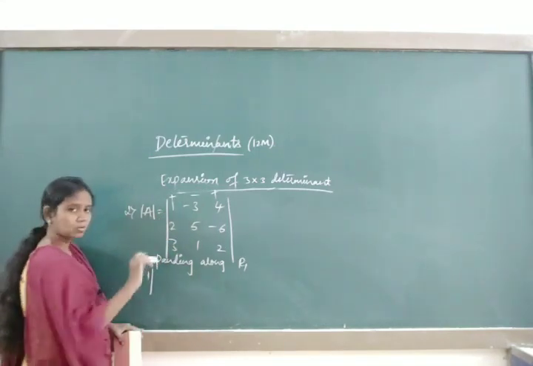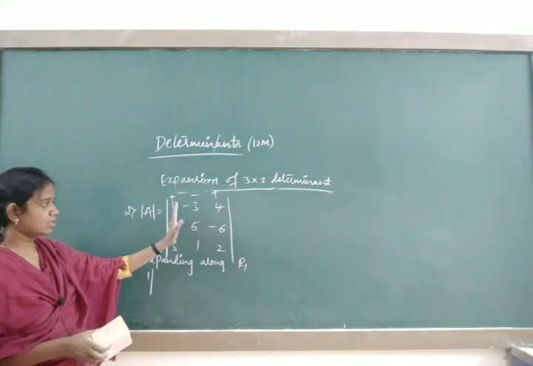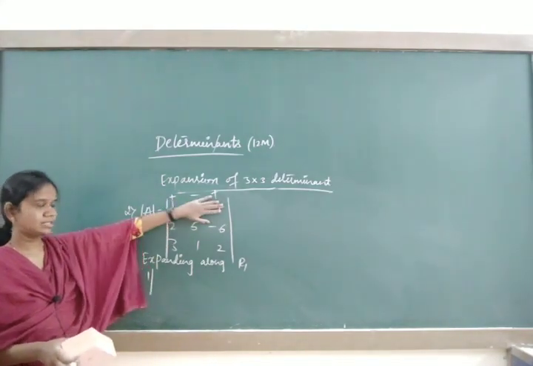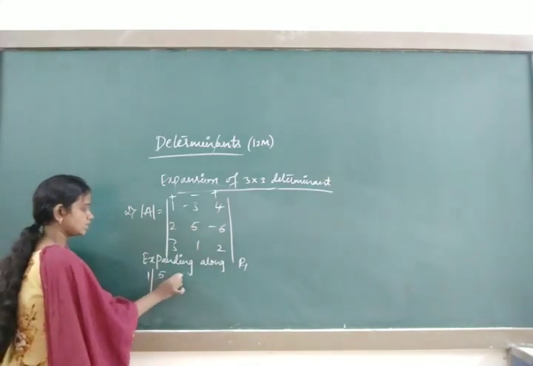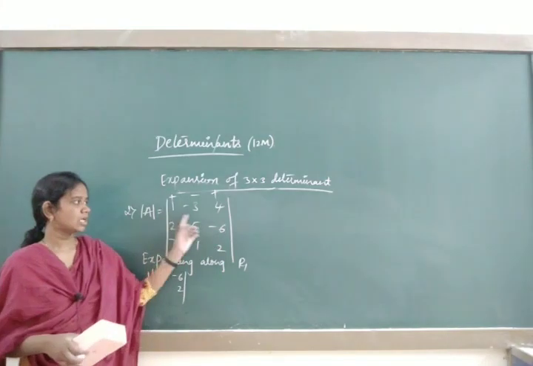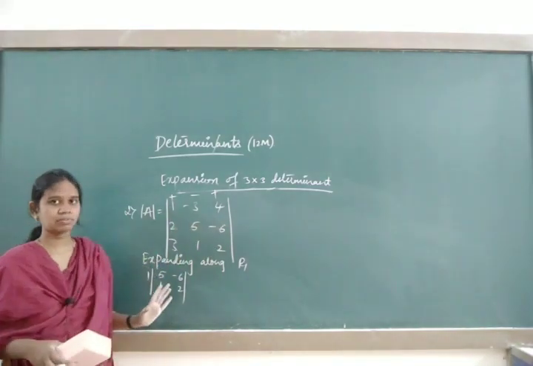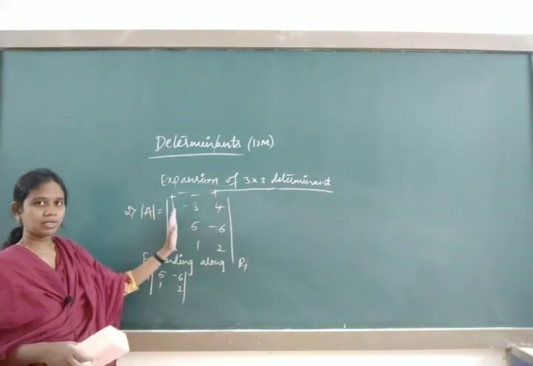Wherever 1 is present, close that one. So 1 is present in the row and it is present in the first column. Delete this one and delete this one. Now remaining is 5 minus 6, 1 2. Now I am not keeping the box, because in your examination you have to write systematically. No need of any box. You have to eliminate this one and eliminate this one.